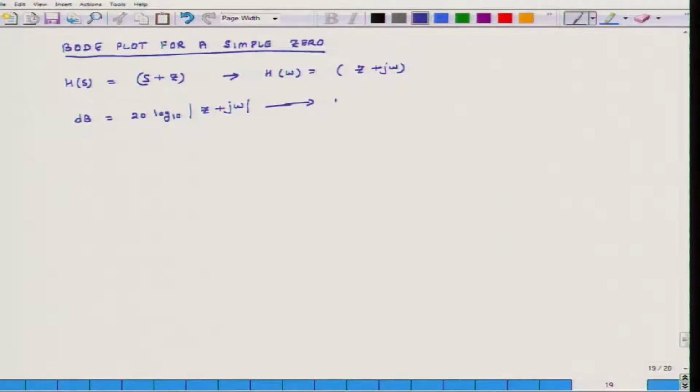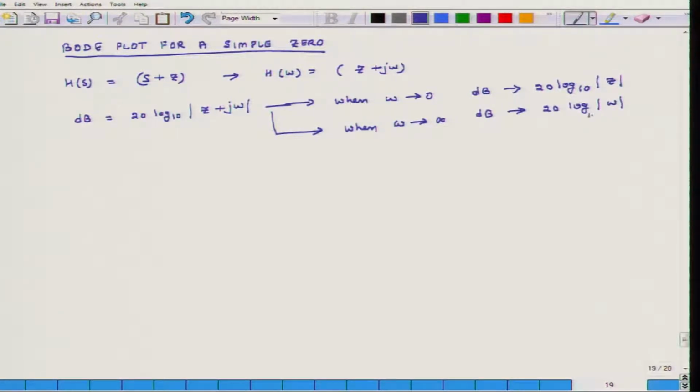The first scenario is when omega approaches 0, then dB approaches 20 log 10 of z, and when omega approaches infinity, then the value of decibel approaches 20 log of omega.